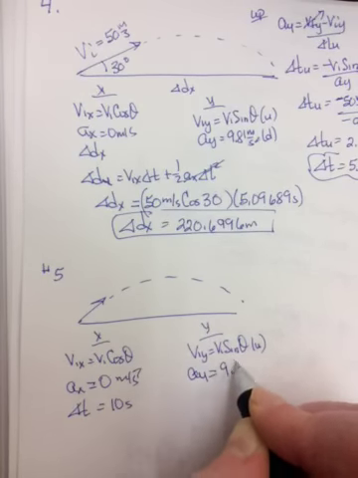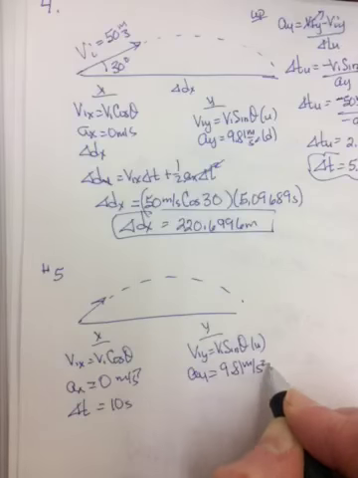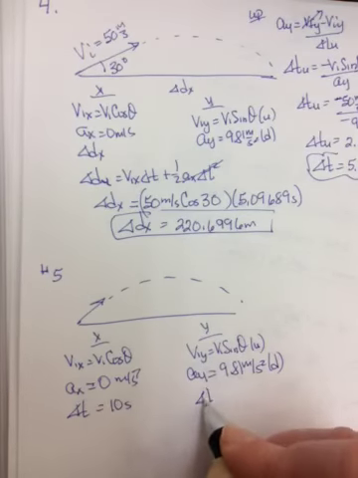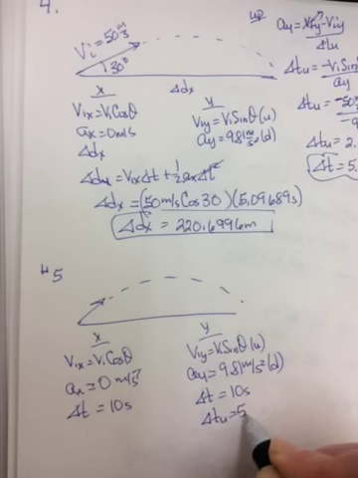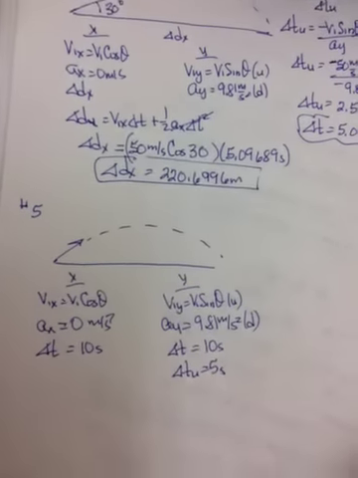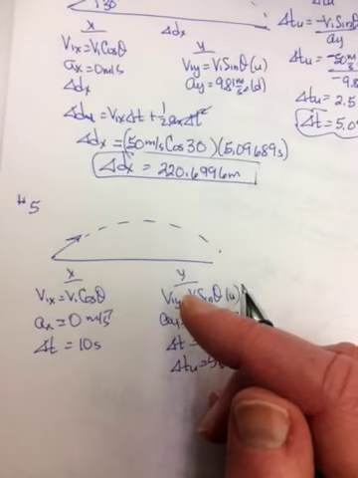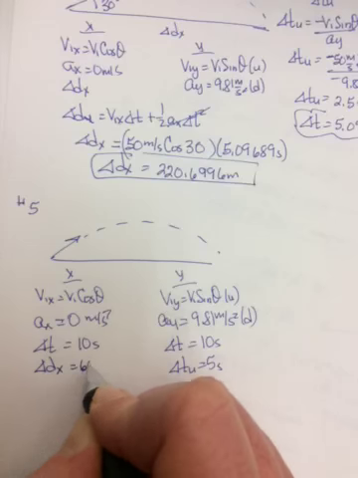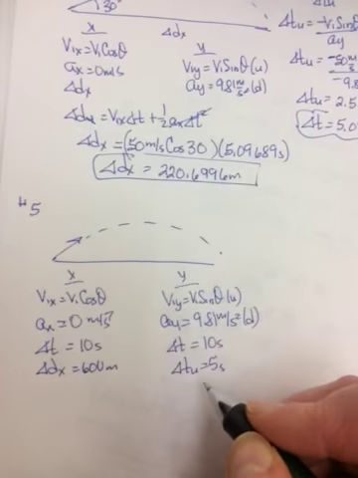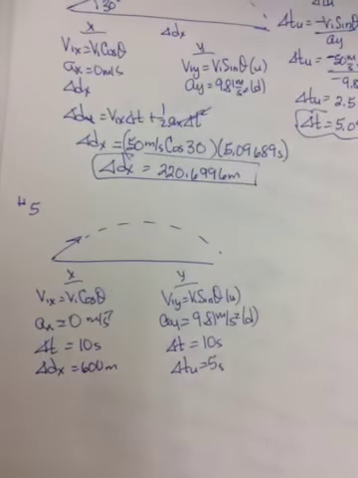AY, 9.81 meters per second squared down, and the full time 10 seconds, so the time up 5 seconds. And it moves a horizontal distance of 600 meters, delta dx is 600 meters. And it wants to know what was the original velocity of the projectile.